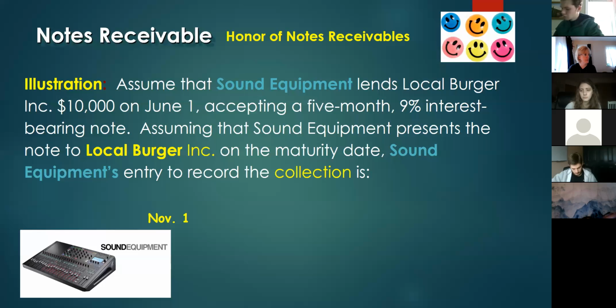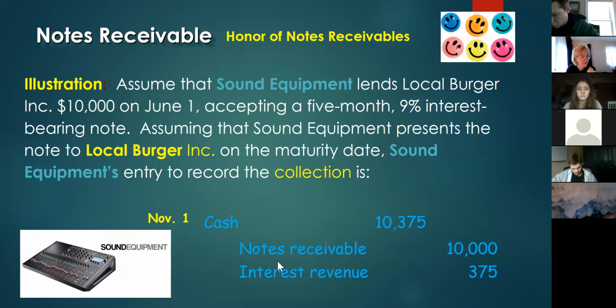Okay, I'm going to put up the solution. So 5-month note, June 1st, July, August, September, October, November. So the note will be paid November 1st if it's honored. Note receivable is for the face value of the note. We're going to use that term a lot, especially in chapter 10 coming up after chapter 9.